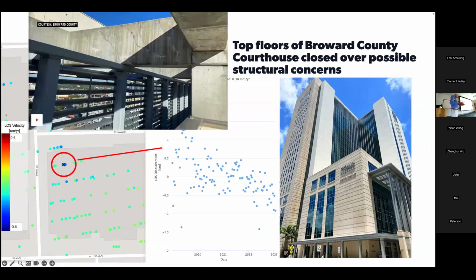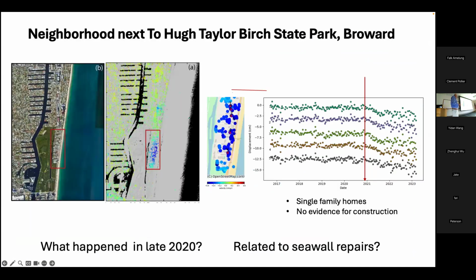It's interesting, there are a couple of other places where we saw signals after the Surfside collapse. The Broward County Courthouse was closed because of possible cracks. We do see subsidence. Is it related? One area that Emian looked at has a very strange signal. That is in Broward, the Hugh Taylor Birch State Park.